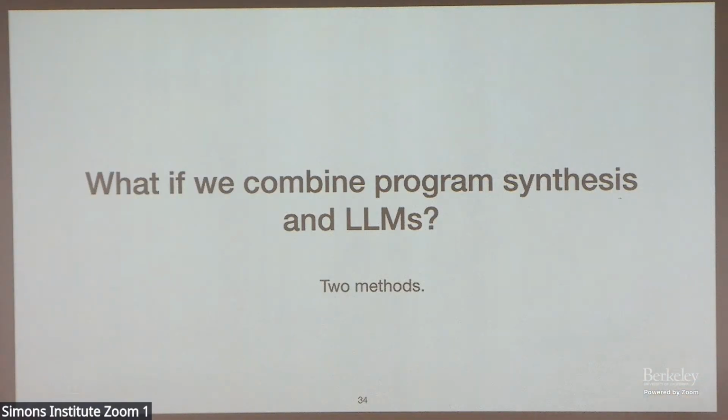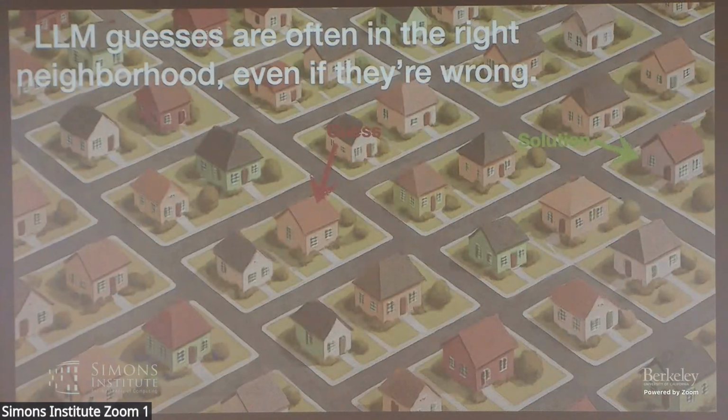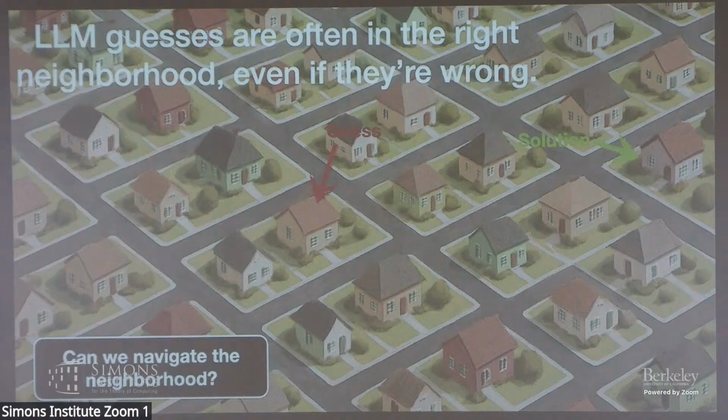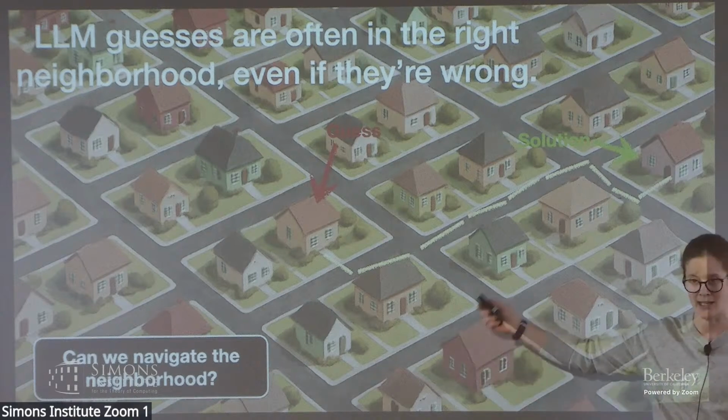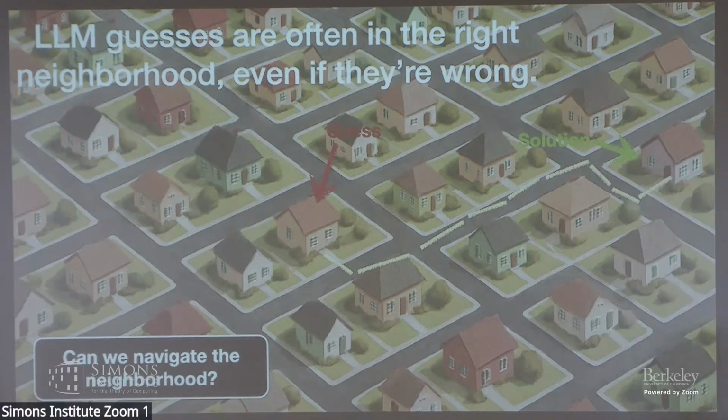Okay, I said 2 methods, and Sanjit has slightly preempted me by asking about edit distance. So what if we could navigate the neighborhood instead of building up our programs from scratch using likely building blocks? What we want is to know how we change our guess to get to the solution.